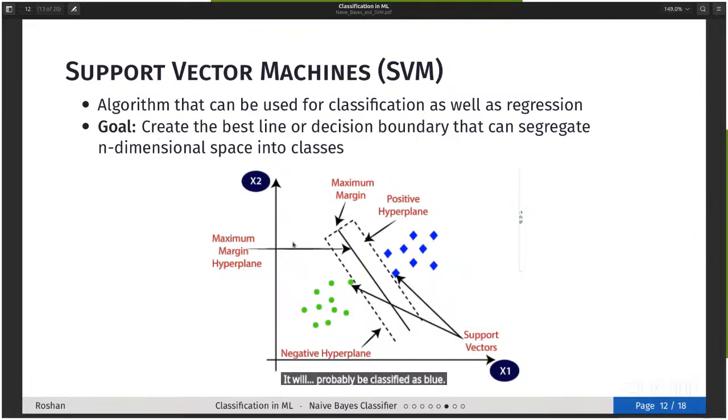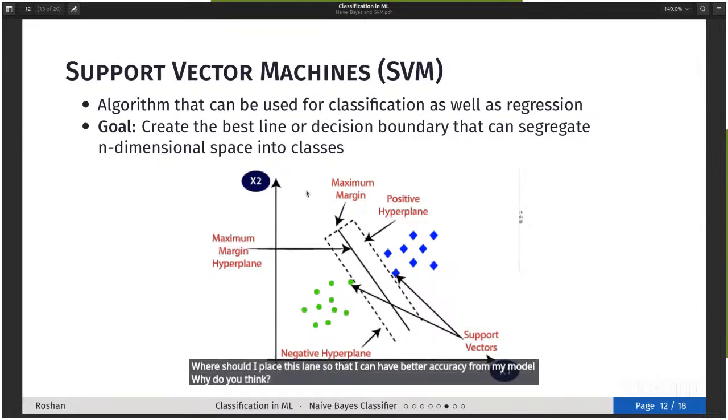So where do you think I should draw the line? I can draw a line here, I can draw a line here, I can draw a line here, I can draw a line here. Where should I place this line so that I can have better accuracy from my model?